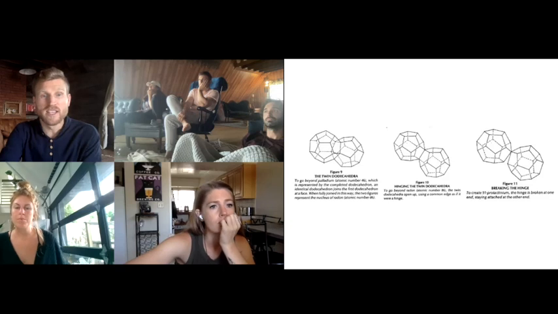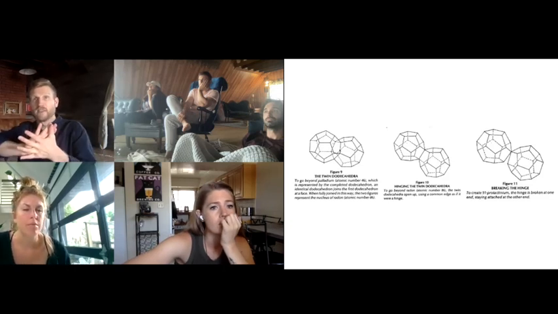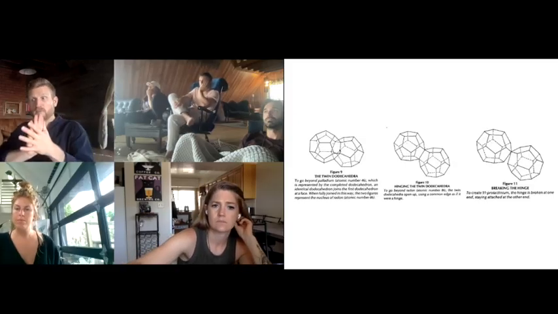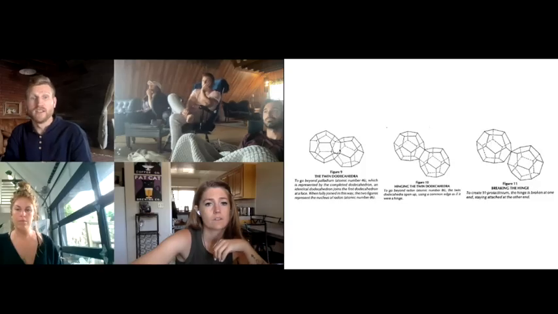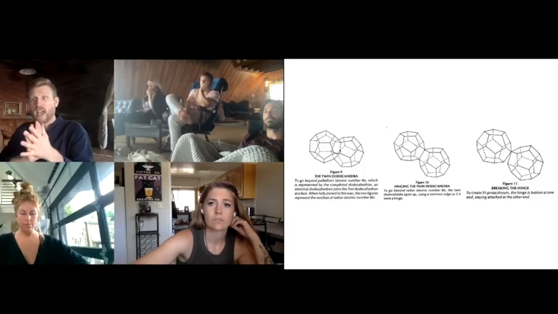So these twin dodecahedra are joined at a side, so there's 2 pentagons that are smashed together. And this is radon number 86 when joined at a face.